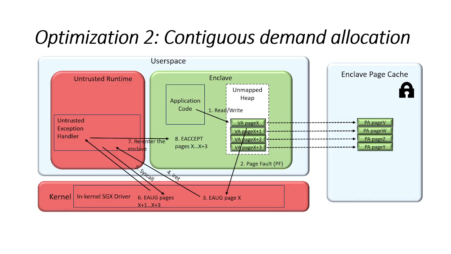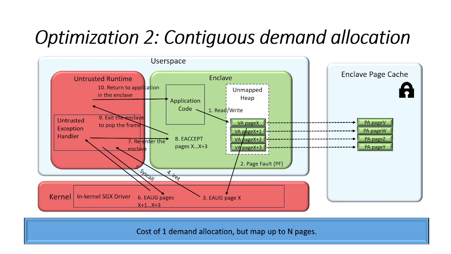On returning from the syscall, there's a re-entry into the enclave where all the n mappings are EACCEPTed. After accepting the pages, the current context of the enclave is reloaded, and the application can now safely perform the read-write operation on the previously faulting address. Thus, with the cost of one demand allocation, we map up to n number of pages.